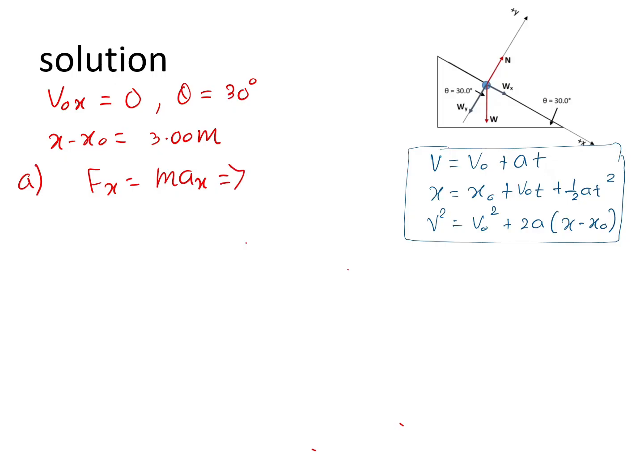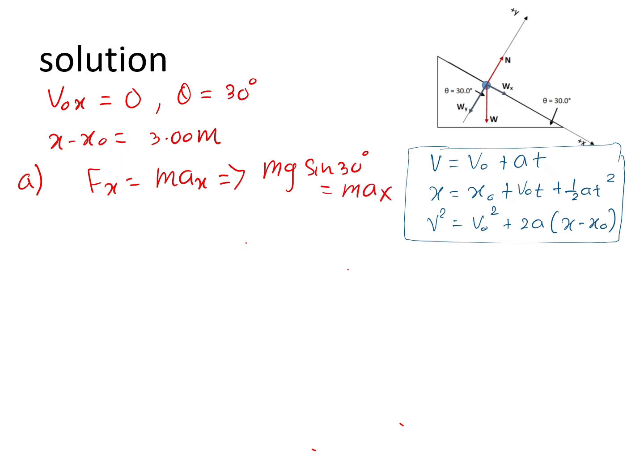So we can write force in the x direction is mg sine 30, and that is equal to m a x.